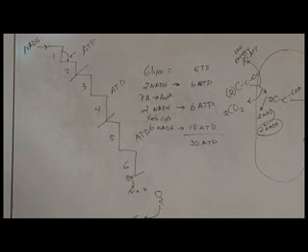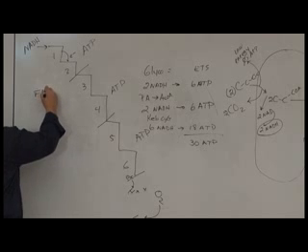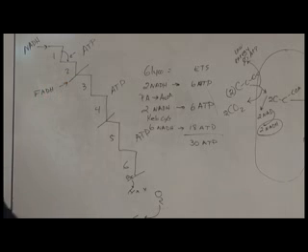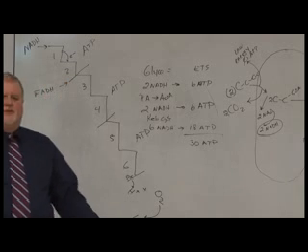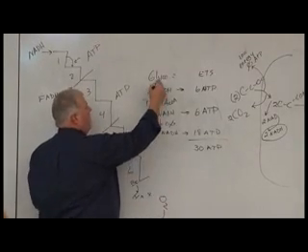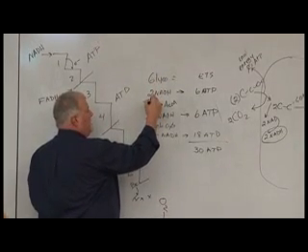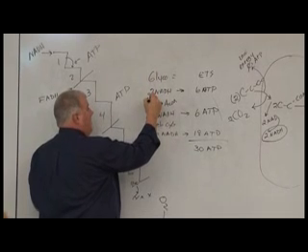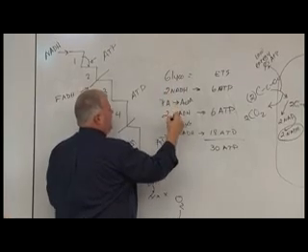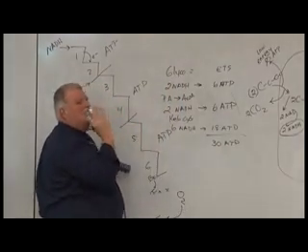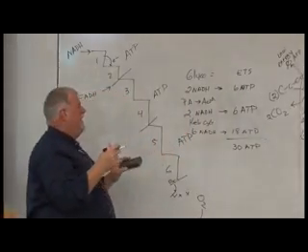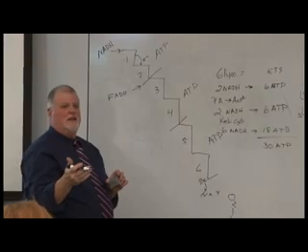Okay, so what actually happens is FADH enters here in this analogy. So from FADH we can only make 2. So how many FADH do we have from glycolysis? How many FADHs do we have from pyruvic acid to acetyl-CoA?